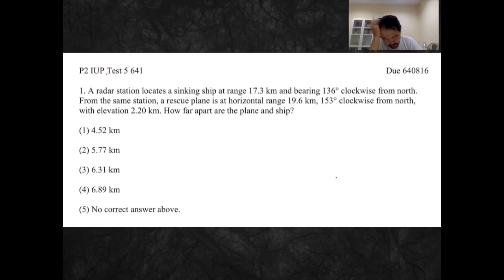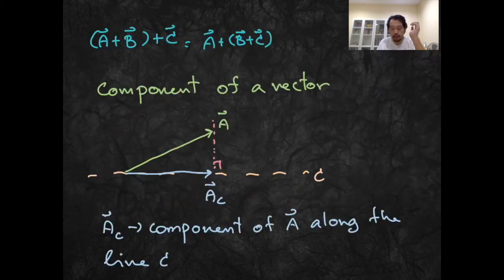the problem says that the radar station locates a sunk ship at range 17.3 kilometer and bearing 136 degree clockwise from north. So it means that it is a pointing vector or position vector from the station to the sunk ship. Okay, this specifies the position vector from the station to the sunk ship.